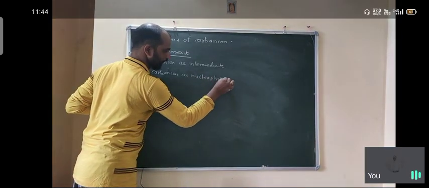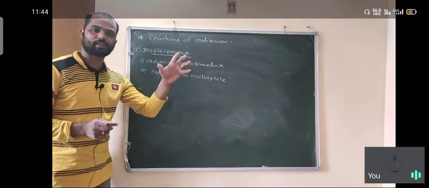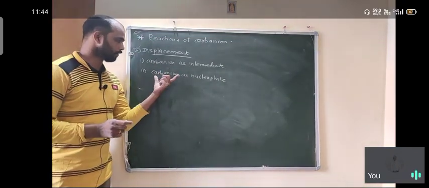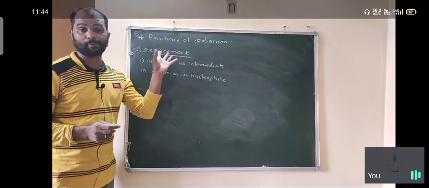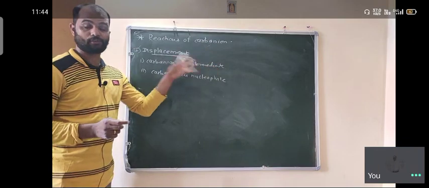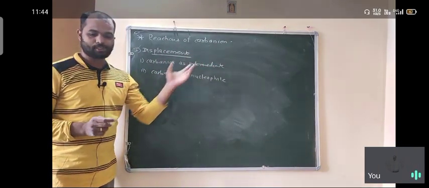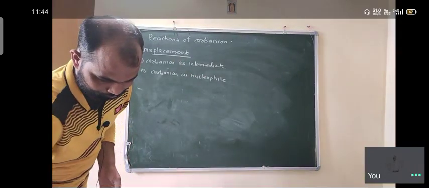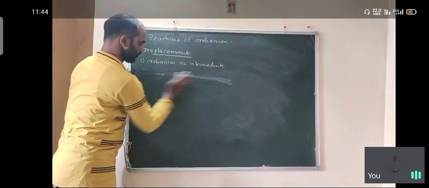What is the meaning of that? Carbanion as an intermediate, like in E1CB, is formed as an intermediate. But in the first case, in an addition reaction, carbanion directly acts as a nucleophile and will attack an electrophile. So there are two conditions: carbanion as an intermediate and carbanion as a nucleophile.